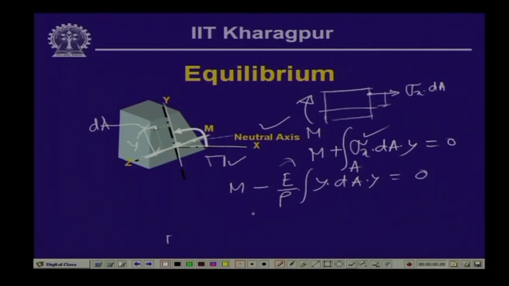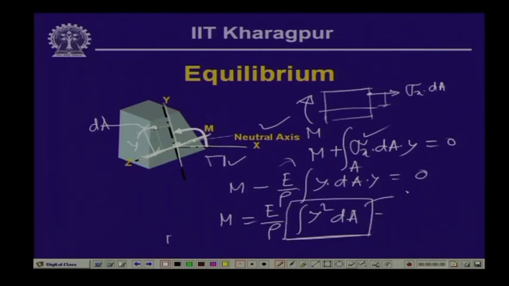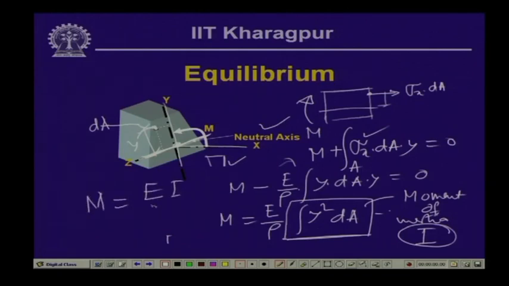This is nothing but m equal to E by rho times the integral of y square dA. As you know, this integral of y square dA is the second moment of the segmental area with reference to the neutral axis, and this we designate as the moment of inertia, and we call this I. So, from this relationship we get m equal to E I over rho.